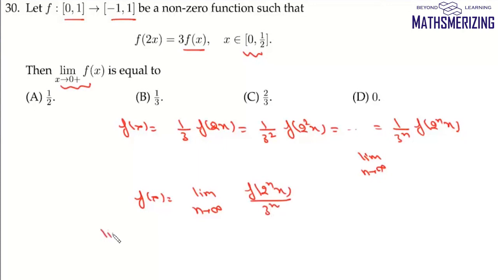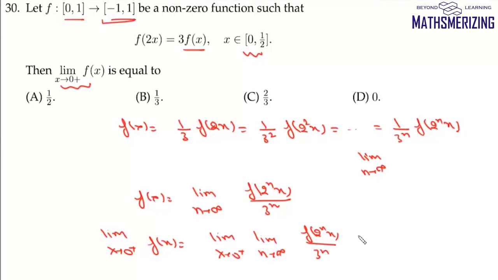Now we need to find this limit x tends to 0 positive f(x), and it'll be equal to this limit x tends to 0 positive limit n tends to infinite f(2 to the power n x) upon 3 to the power n. Now the range of this function is from -1 to 1. So this value in the numerator will lie somewhere between -1 and +1, which is a finite value, upon 3 to the power infinite, which is infinite. So the value of this limit is 0. So the value of this limit x tends to 0 f(x) is equal to 0, and that's your option D.